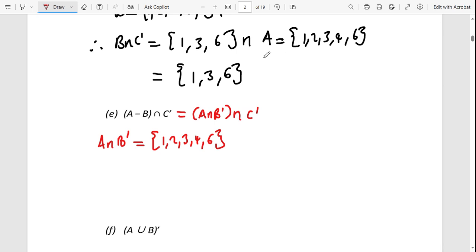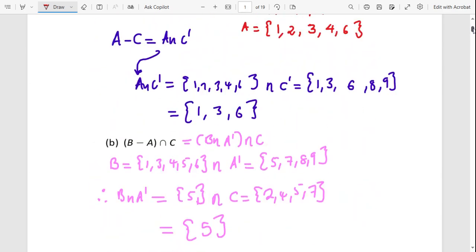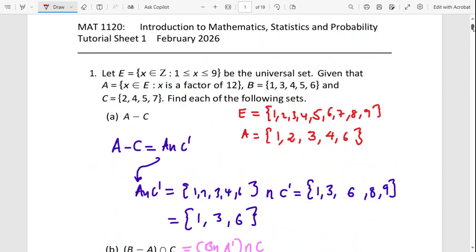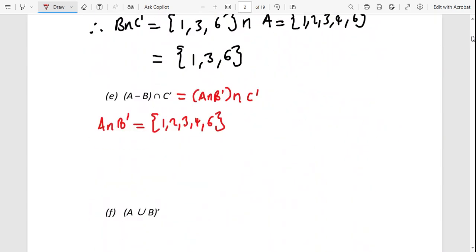And then the set B is 1, 3, 4, 5, 6. So we'll just remove that from the universal set: 1, 3, 4, 5, 6.